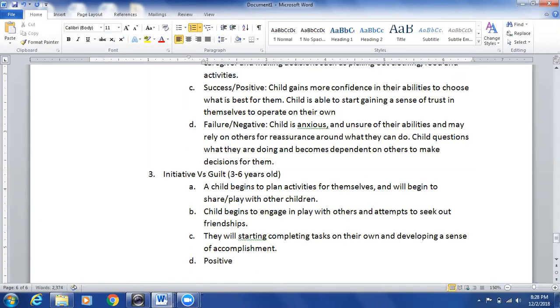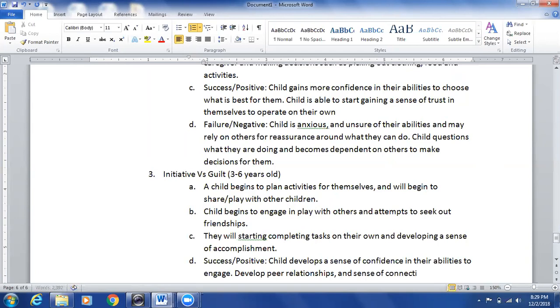So positive here, or success. I should just, for the simplicity of keeping it consistent, success will always come first. So what does this look like? A child develops a sense of confidence in their ability to engage, develop peer relationships, and a sense of connection.